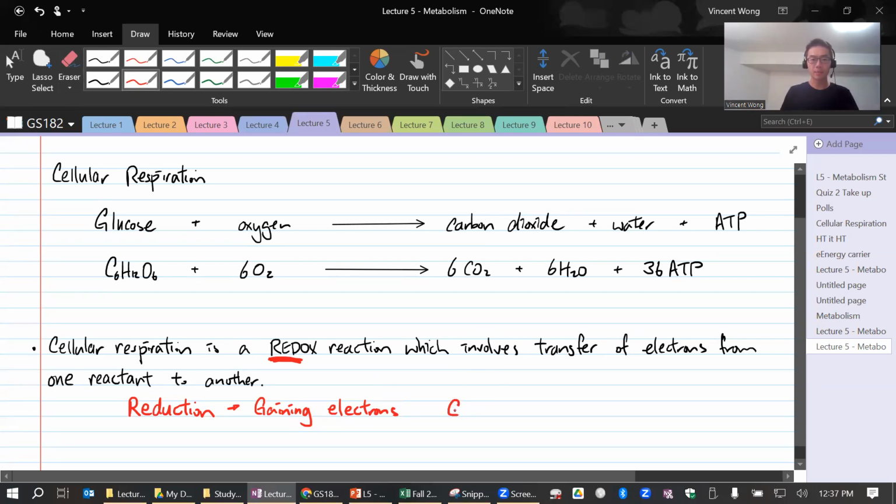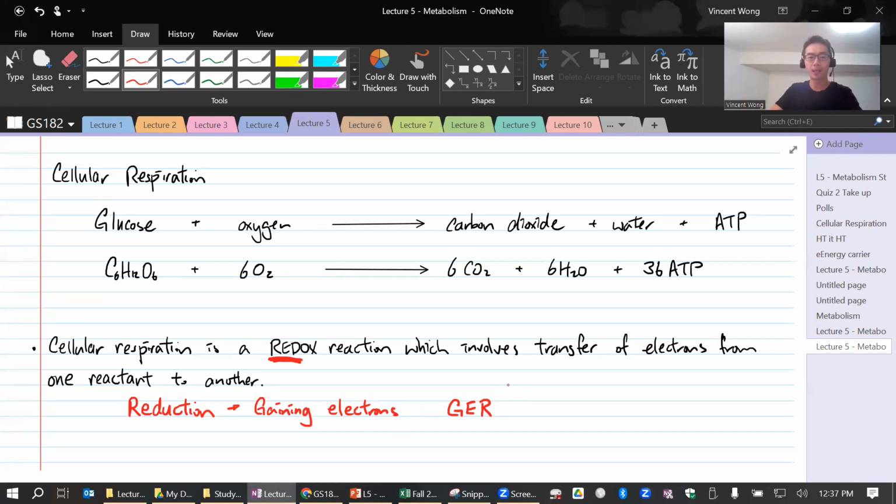So when something gains electrons, we call that reduction. You can remember GER, G-E-R. Gaining electrons, we call it reduction.